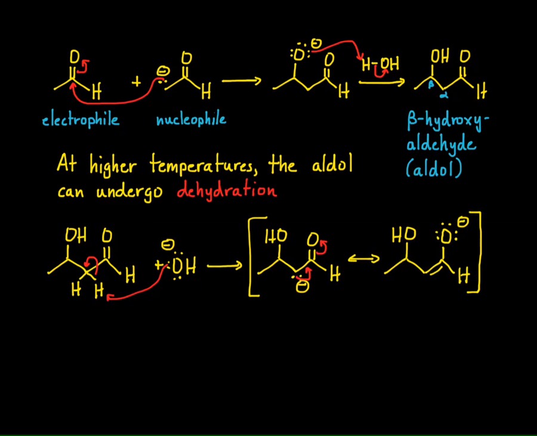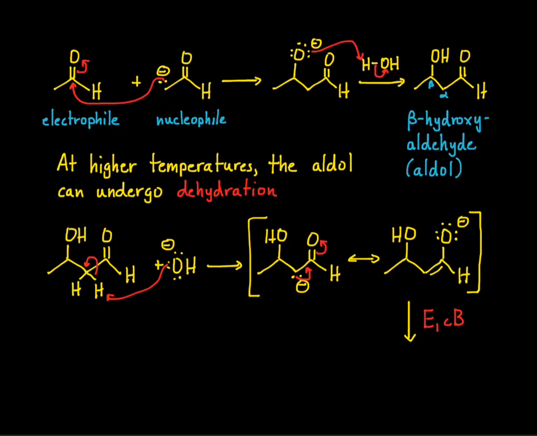Now typically the hydroxyl group is a very poor leaving group, but in this particular circumstance it actually is a relatively good leaving group. And we call this an E1CB. E1 means unimolecular elimination. So the rate determining step is in essence the formation of the enolate, and then the conjugate base of water, so CB stands for conjugate base of water, comes off.